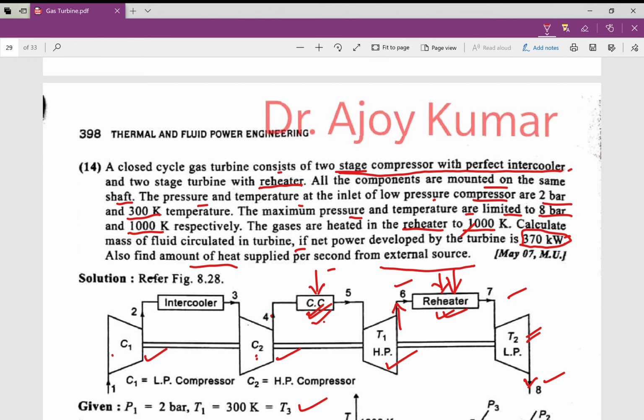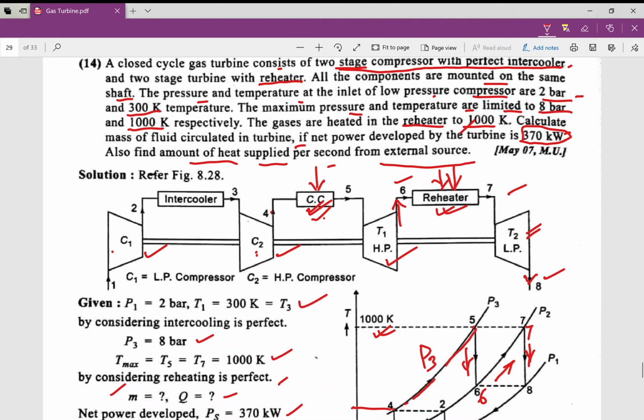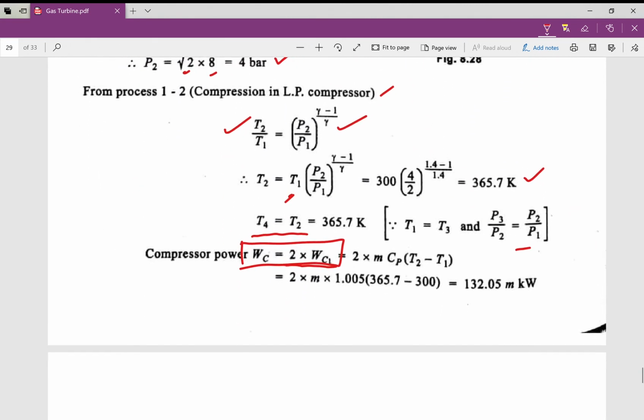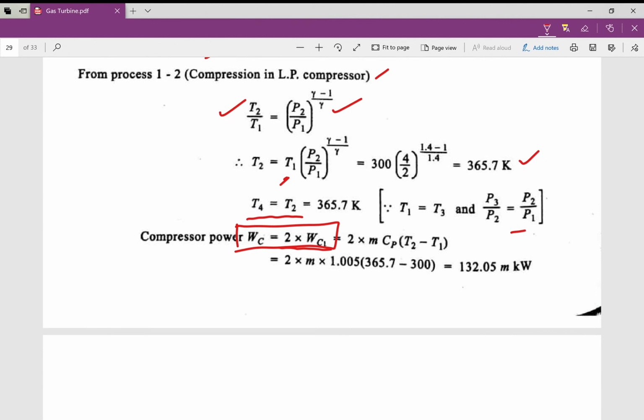Nothing is mentioned in the numerical about compressor efficiency, so here it is an assumption that both compressors consume the same work. So that's why a 2 is written over here.